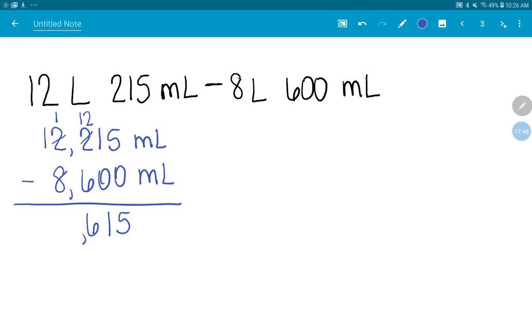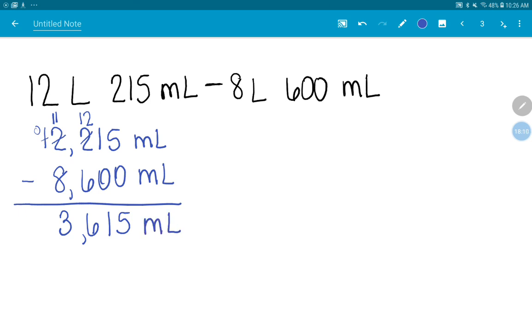You can't take 1 from 8, so you have to go borrow from your neighbor. You make him a 0, and you make the 2 a 1, and 11, and 11 minus 8 is 3. Okay, so what unit is that? 3,615 what? Milliliters, very good.